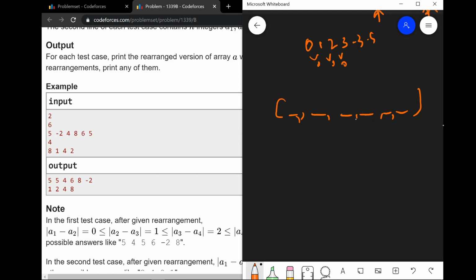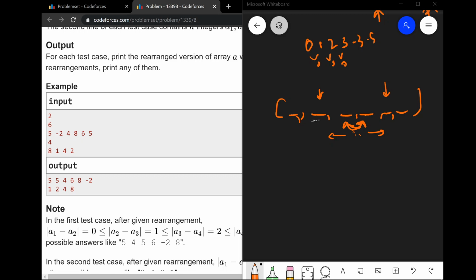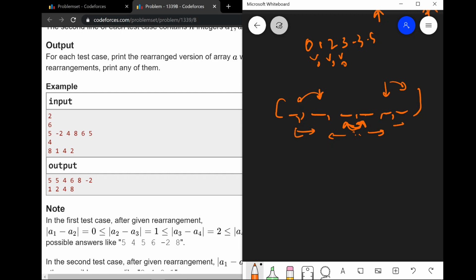Suppose I found that the minimum adjacent difference is here, so from this to this I will expand on both sides until the minimum difference is this only, and suppose I was able to reach this point. So first I will print it from this side to that side, and then I will grow to both sides, first the one which has the minimum difference, then the one with the maximum difference, and suppose if I reached the end of one side, then I will print all. Okay, so now let's try to code it.